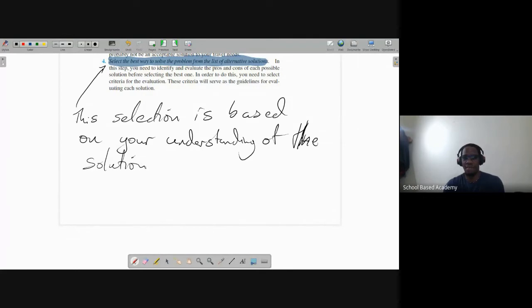Forgive my bad handwriting. The selection of the best way to solve it is based on the understanding, and the selection could adjust based on that understanding. That's why it's important to have as much information about the problem as possible.